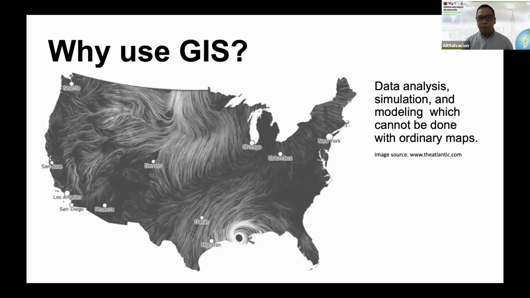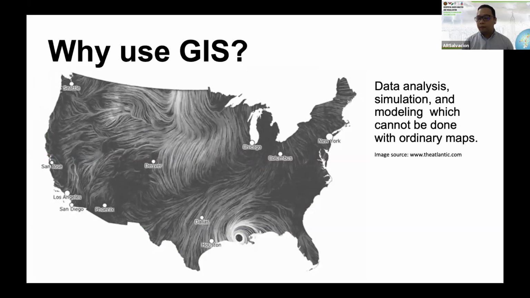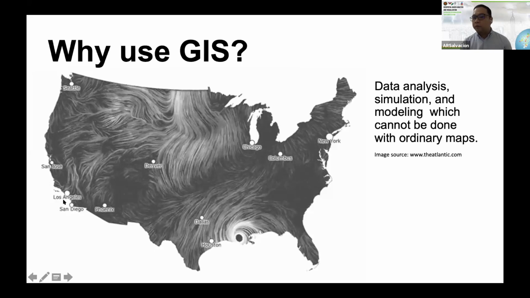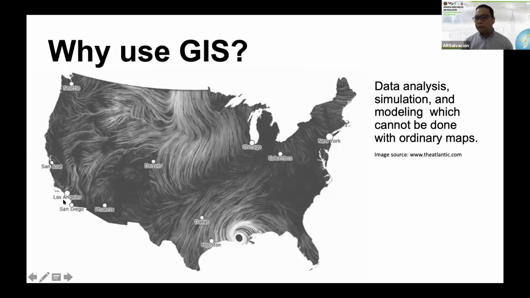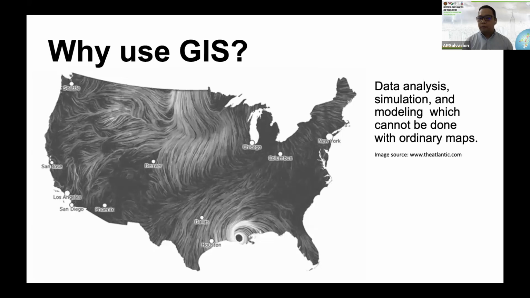Also, you could visualize data in ways you cannot do with static maps and graphs. This one, I think, is the wind map of the United States. If you present this to your audience, for example investors, they could easily appreciate what you're talking about.